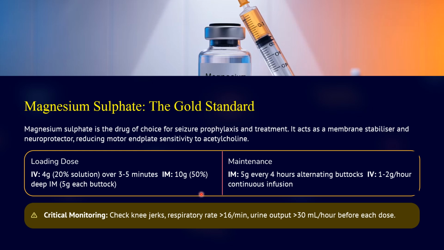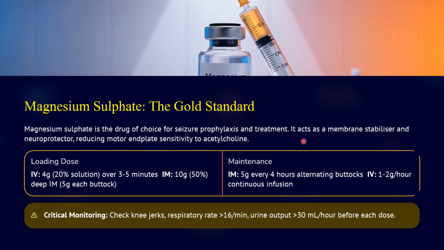After that there is a maintenance dose. 5 gram of magnesium sulfate IM you have to give every 4 hourly, and it should be given in alternate buttocks. This will continue till 24 hours.